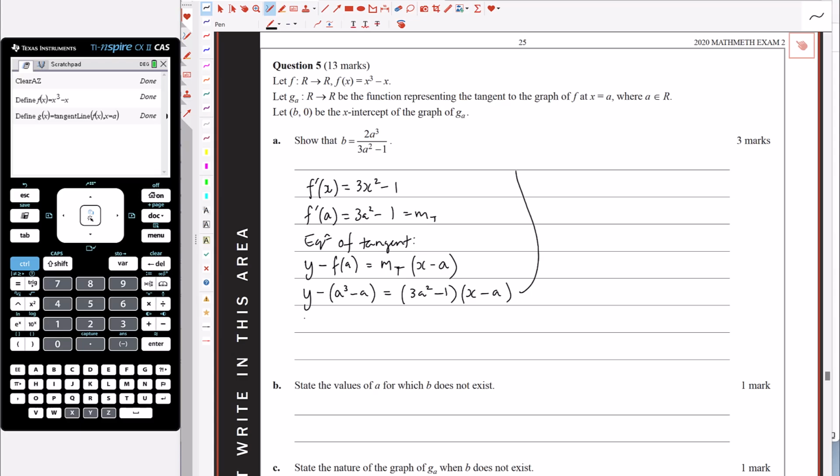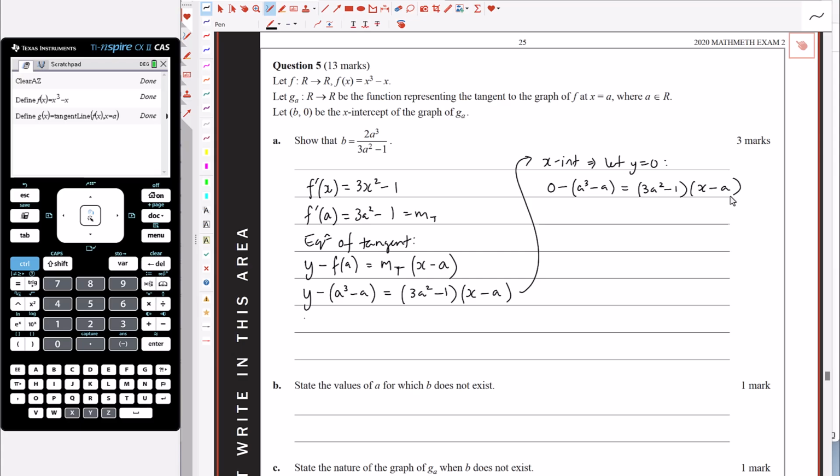Okay, so then for the x-intercept, we're going to let y equal 0. So we're going to have 0 minus (a cubed minus a) equals (3a squared minus 1) times (x minus a).